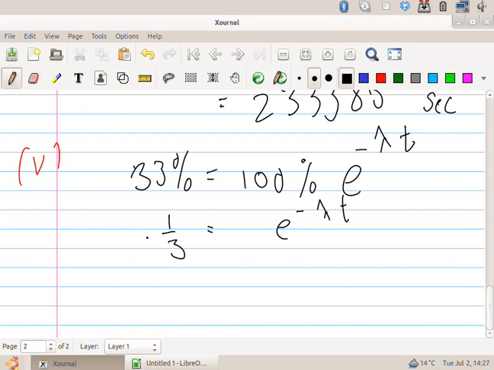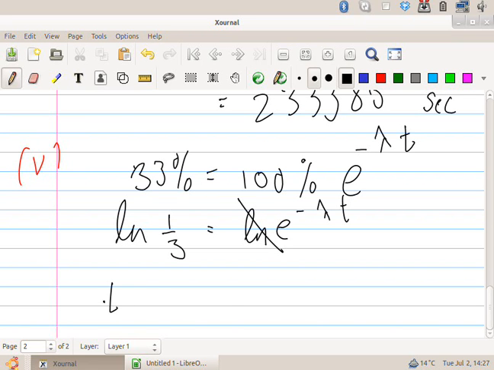What do I do next? Let's just imagine the numbers in here for lambda so I don't have to write it. So what do I put on both sides? Log, and what happens here? They cancel.